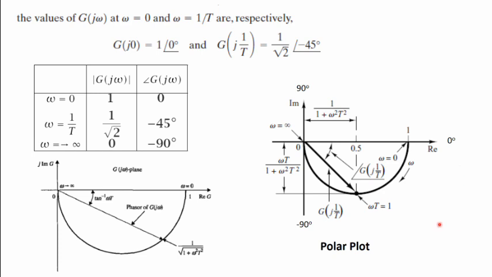What we have to remember is anti-clockwise is positive and clockwise is negative. So what is the magnitude when omega is infinity and what is the angle? The magnitude is 0 and angle is minus 90. So minus 90 is towards this direction. So the plot will originate towards this direction, and the magnitude is 0, it is at origin.